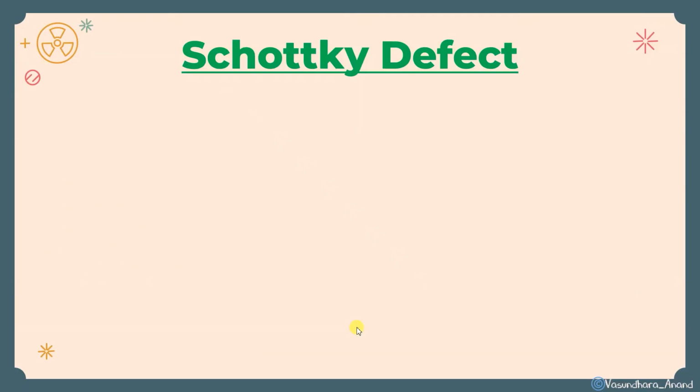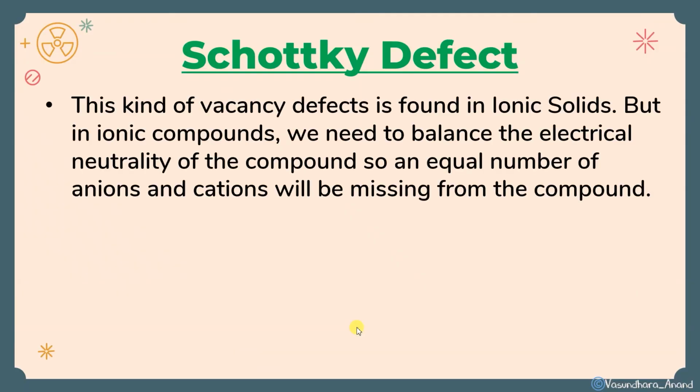Okay. So now Schottky defect. Schottky defect is like same as a vacancy defect. This kind of vacancy defect is found in ionic solid. But in ionic solid, we need to balance the electrical neutrality of the compound. Because in non-ionic, there is no tension, there is no stress to balance the electrical neutrality.